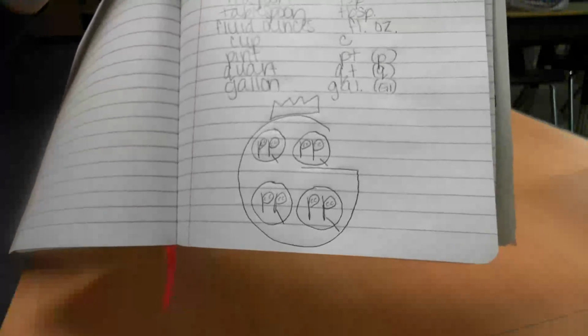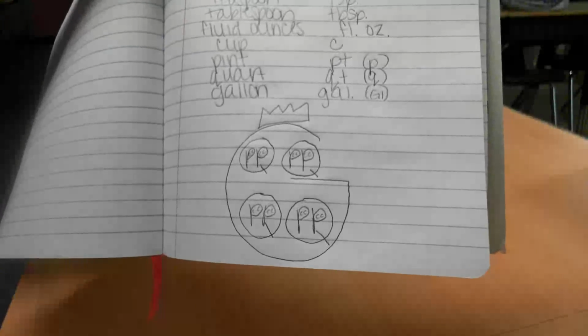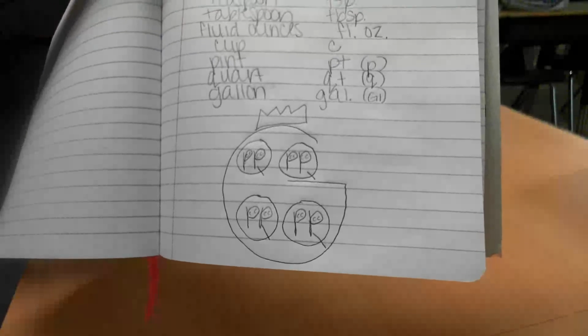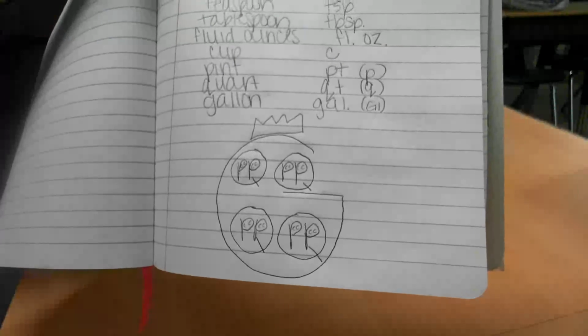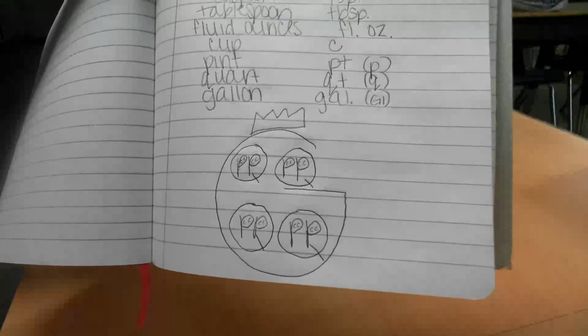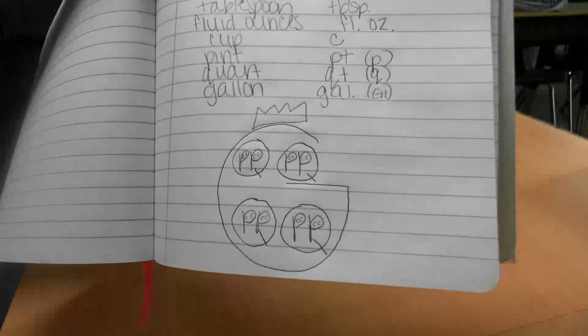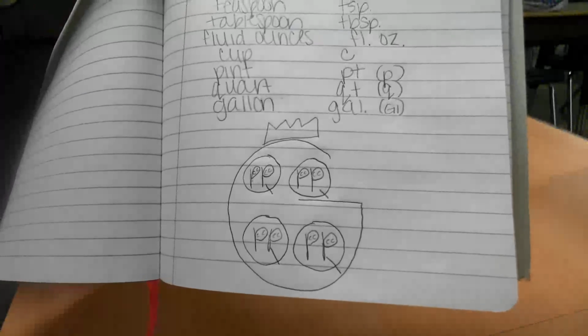So while you're writing that down, I'm going to read the story one more time. There once was a castle in the middle of Gallon Land. In the land of Gallon, there lived 4 queens. Each queen had 1 prince and princess. Each of the prince and princesses each had 2 children. Each child was 8 years old.